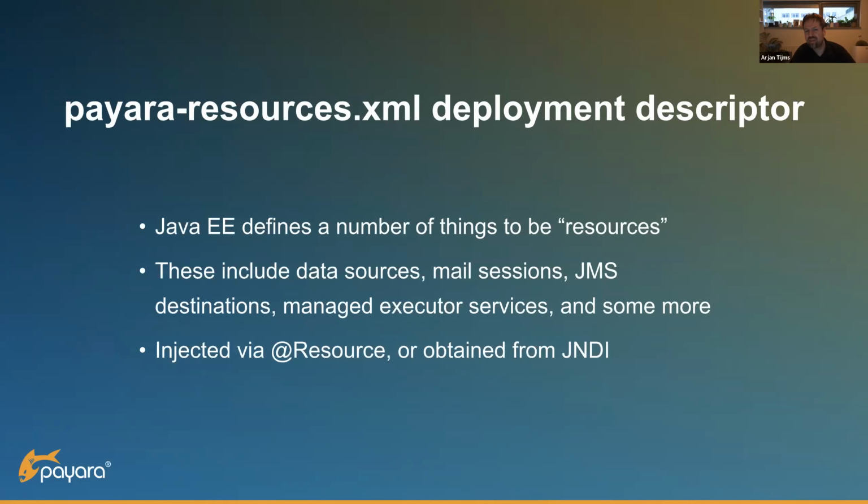And those things are injected mostly via the @Resource annotation. They can be mapped to CDI injections as well, but they're primarily injected by @Resource. Or they can be obtained from JNDI. @Resource is quite often a shortcut for JNDI lookups.